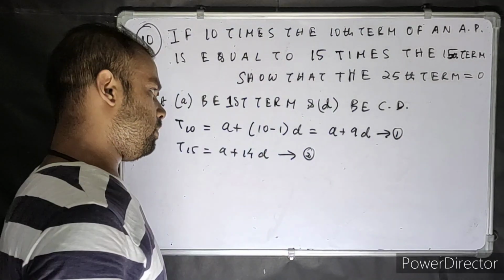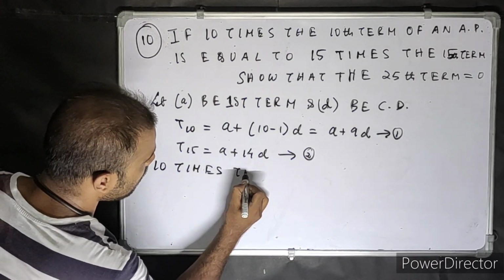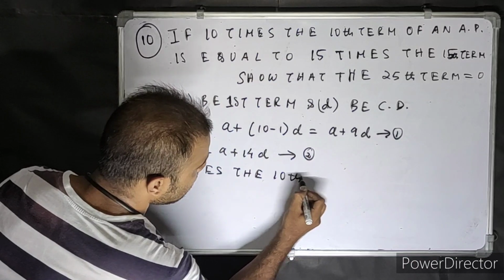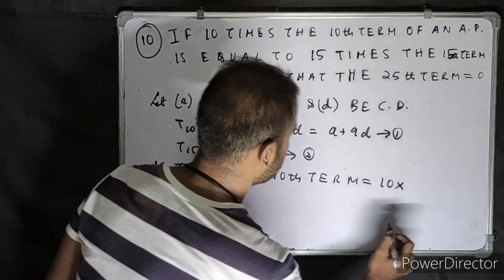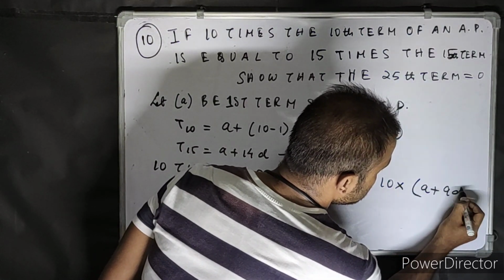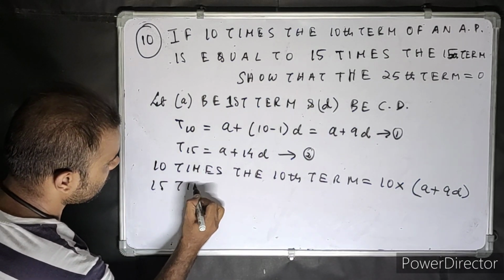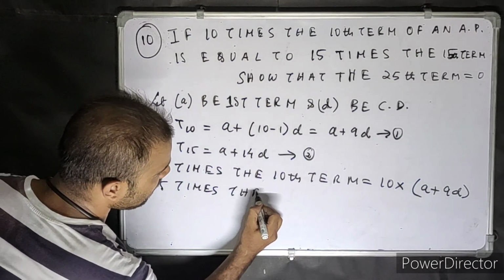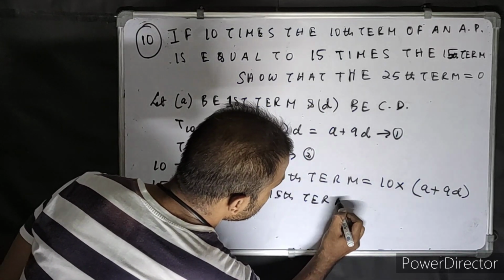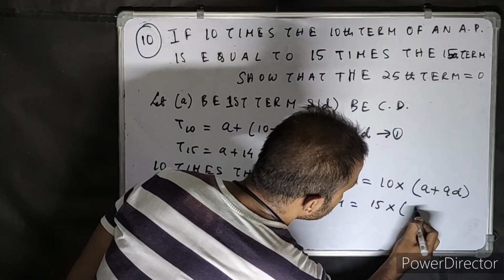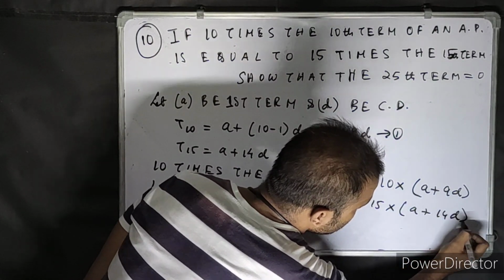Now look at this. 10 times the 10th term equals 10 into A plus 9D. Fine. 15 times the 15th term is 15 into A plus 14D.